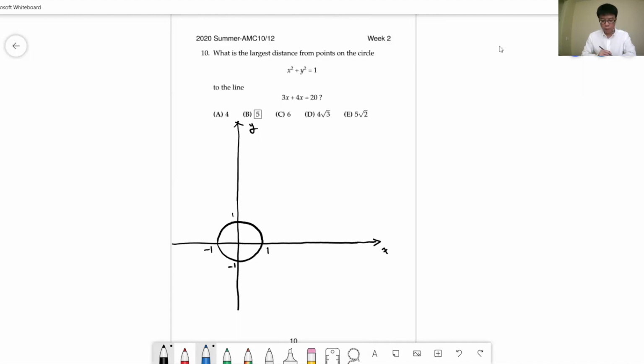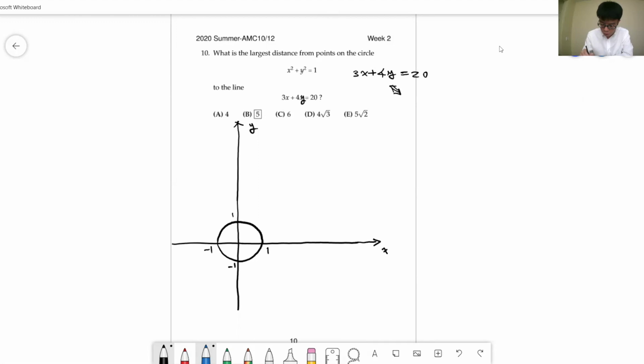And we have a straight line. I should correct this in my note. It's 4y. So 3x plus 4y equals 20.